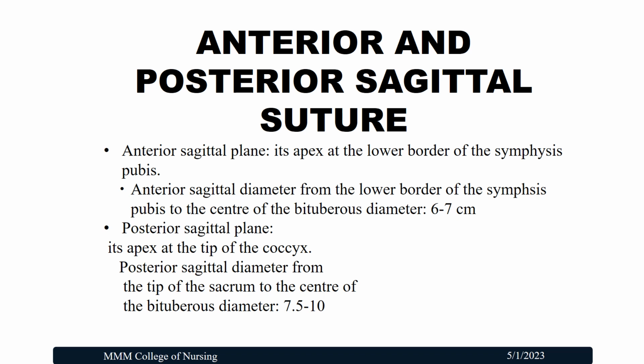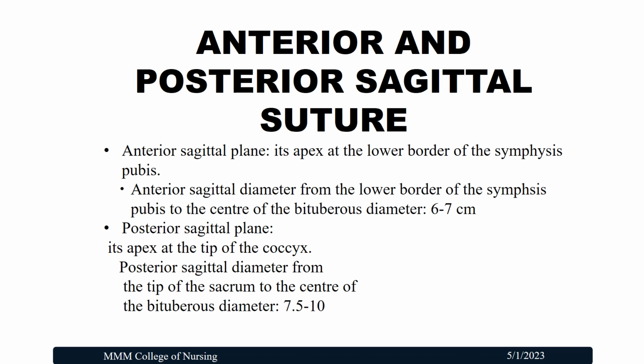Now the anterior and posterior sagittal diameters. The anterior sagittal plane has its apex at the lower border of the symphysis pubis. The anterior sagittal diameter is from the lower border of the symphysis pubis to the center of the bituberous diameter, about 6 to 7 centimeters.